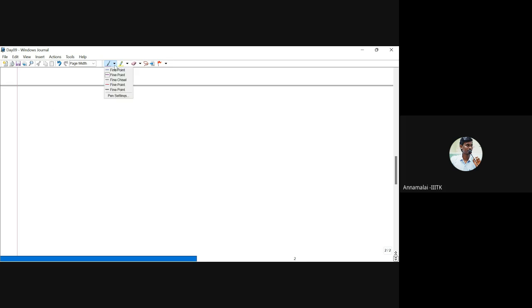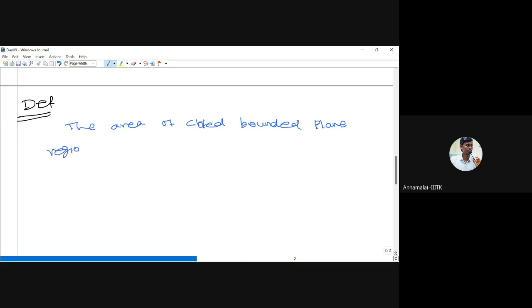So the definition: the area of a closed bounded plane region, maybe we can call it R, is defined as capital A equal to, you take the f of x comma y equal to 1 function, that is a constant function, then the double integral over R of dA.